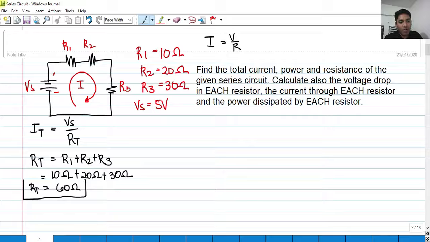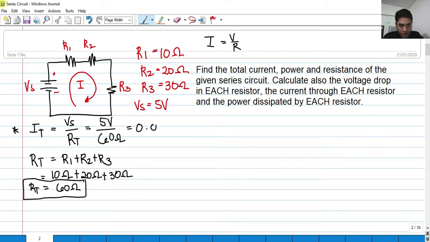That is one of our answers, the total resistance of the given circuit. So how do we find the total current? We have V sub S of 5 volts, the supply voltage, over 60 ohms. So 5 over 60 is 0.083.